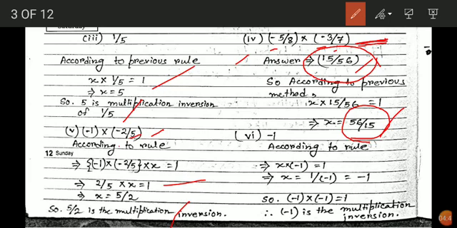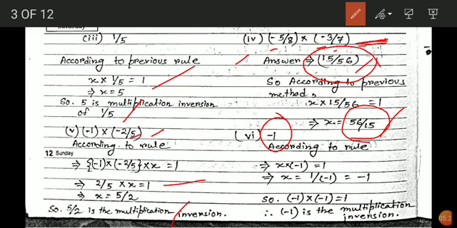Next is question number 6. Minus 1 is the only integer which is its own reciprocal. That means the reciprocal and the number are the same. Here I am discussing the multiplicative inverse.